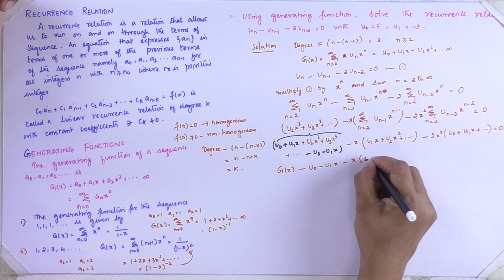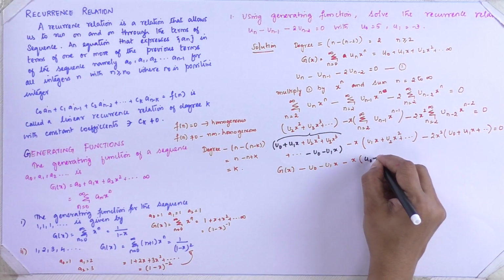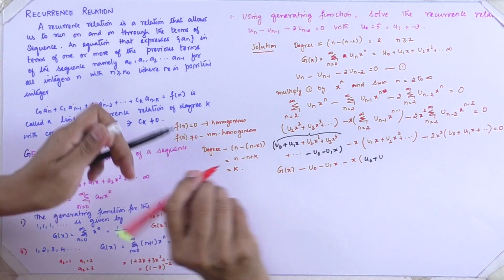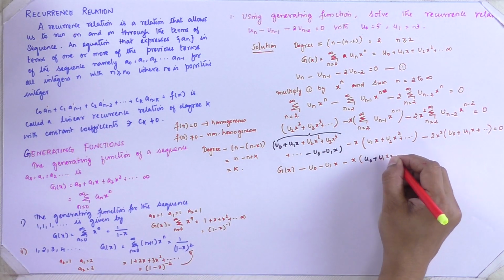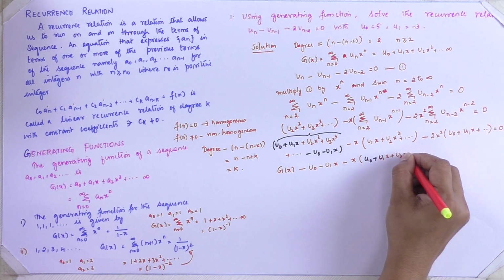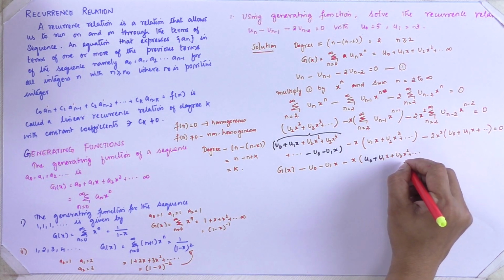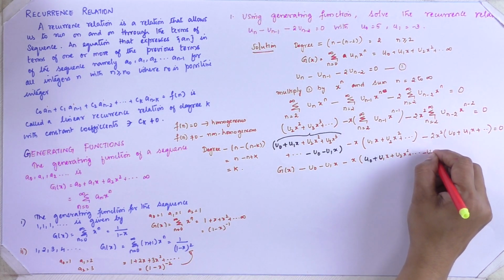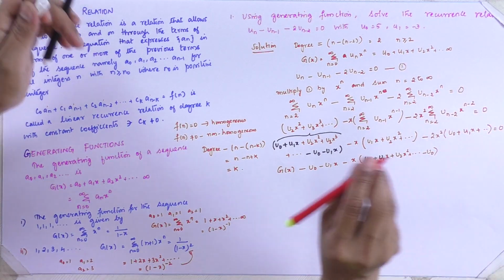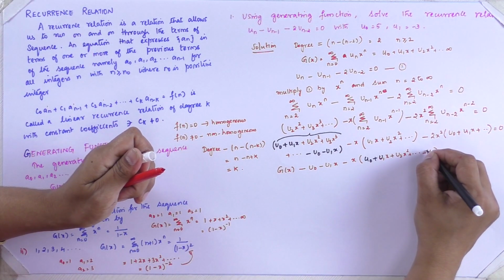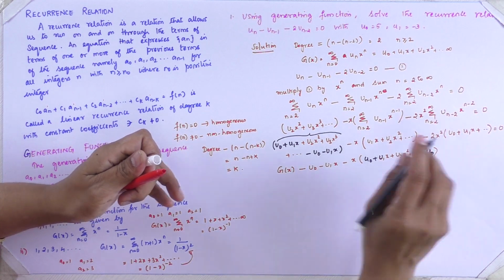So then I will add and subtract my u0 here: u0 plus u1 x plus u2 x square plus so on, minus u0. I have added and subtracted the u0.